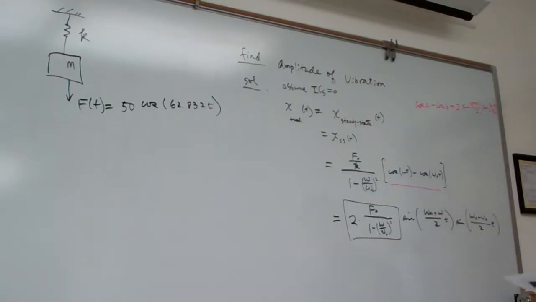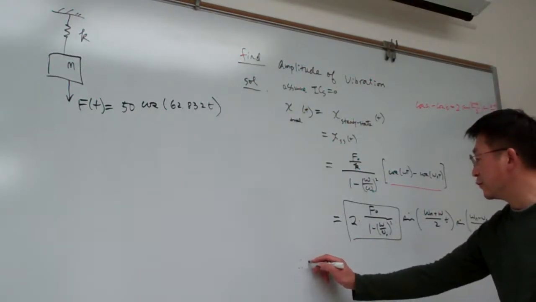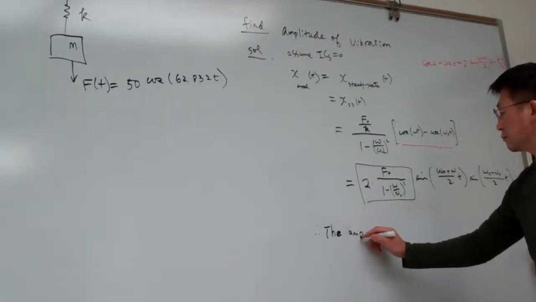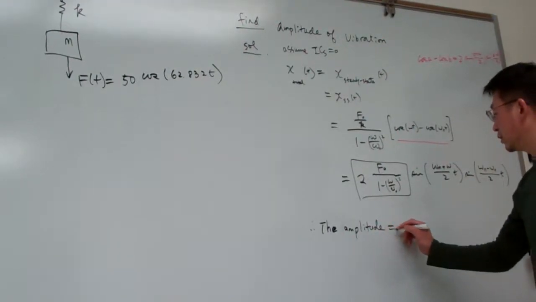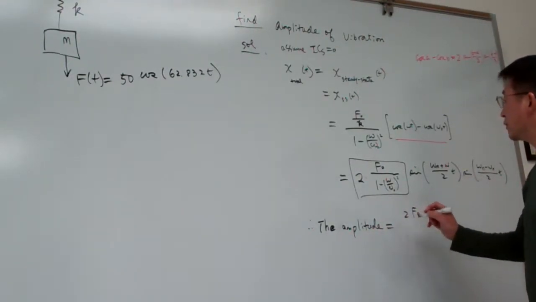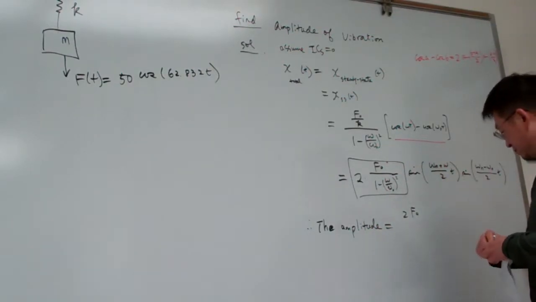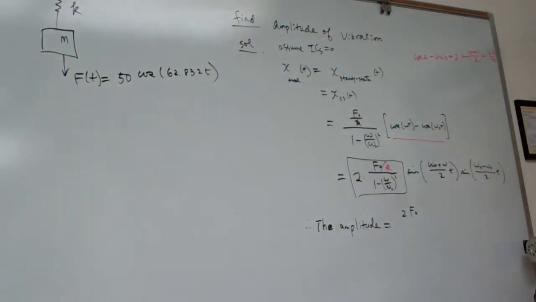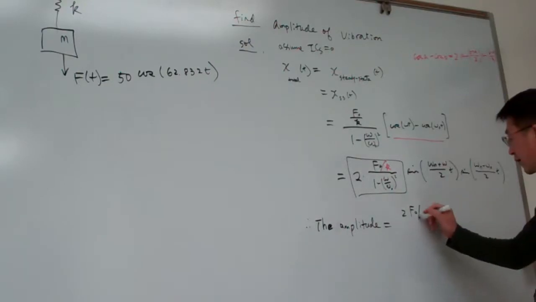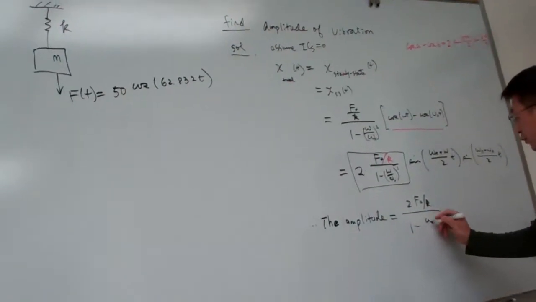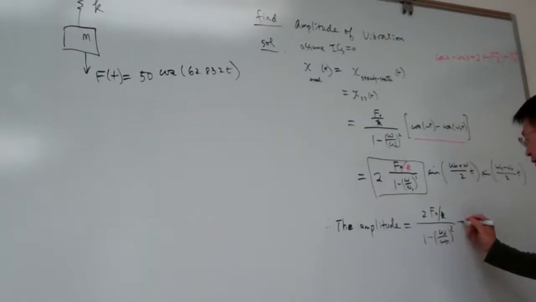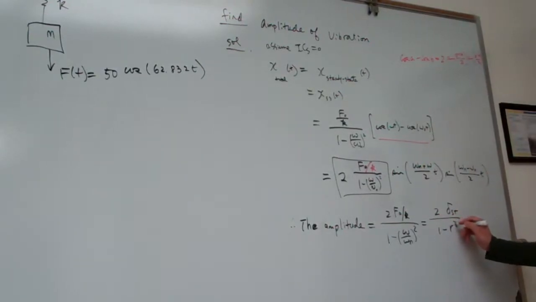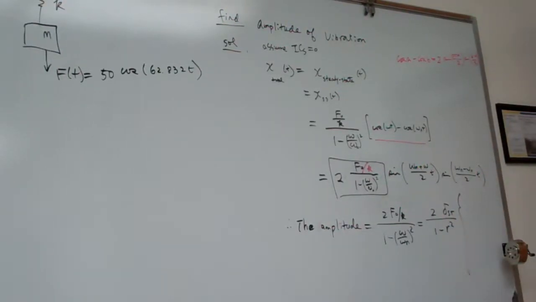So under these situations, we can calculate the amplitude equal to 2 f0 or f0 divided by k, sorry, I forgot this one. So that is f0 divided by k times 1 minus omega n squared. And again, if you like to use different symbols, like 2 delta st divided by 1 minus r squared. So from here, we can utilize the information.